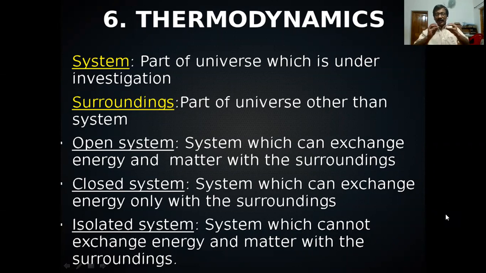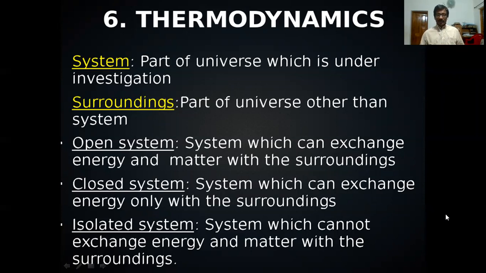That mixture of reagents, that is system, not the test tube completely. Only the portion of the test tube carrying the reagent, that is the system. And the rest of the universe is known as surroundings.